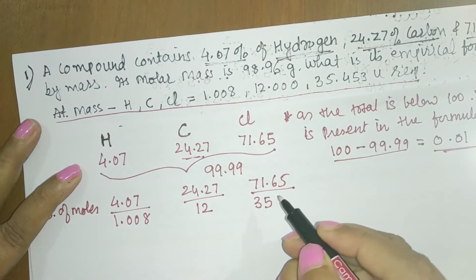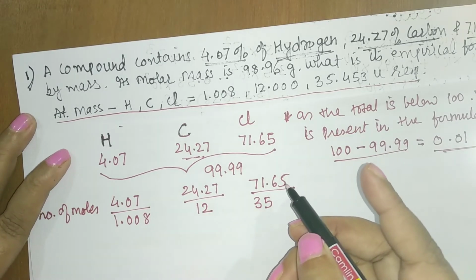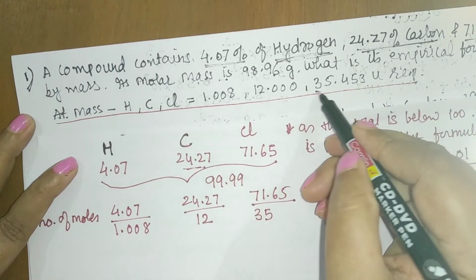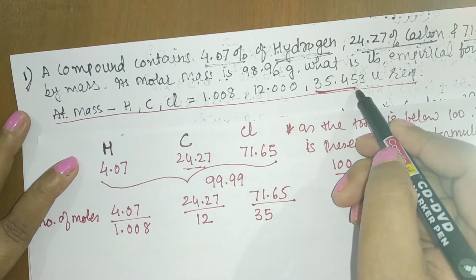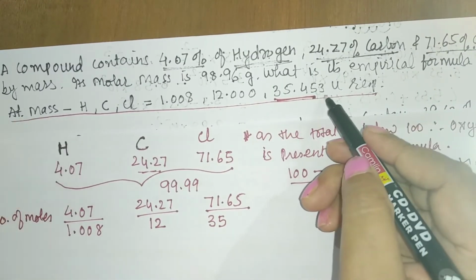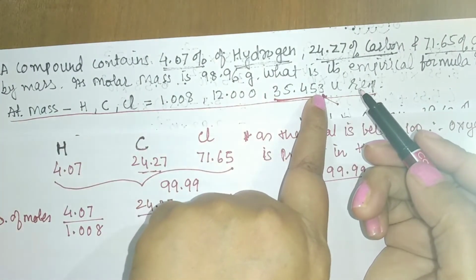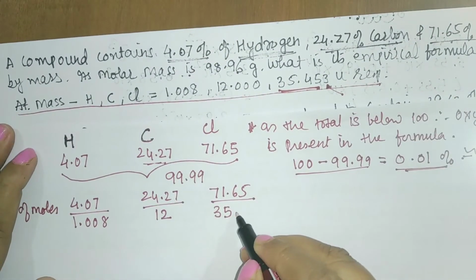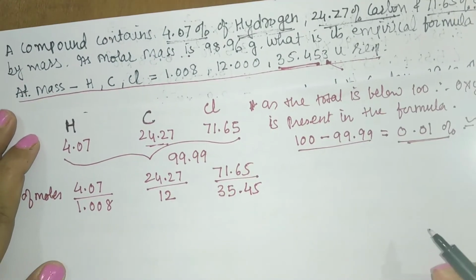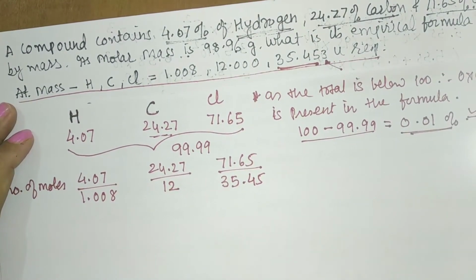Students, you have to round off this number for the calculation. Now I can go only for 4 digits because we'll be using log calculations, and therefore what I should do with this is less than 5, so I can neglect this. So I will take 35.45.